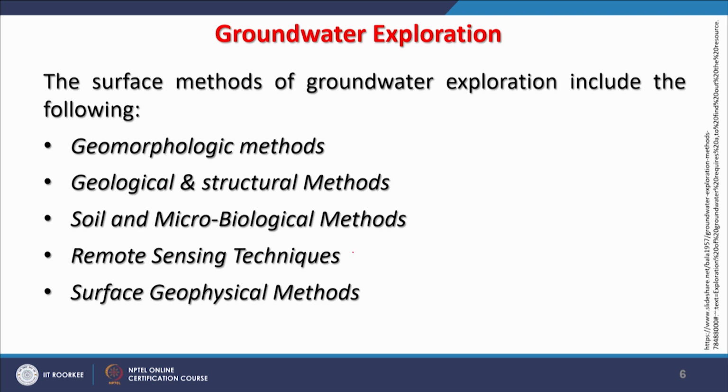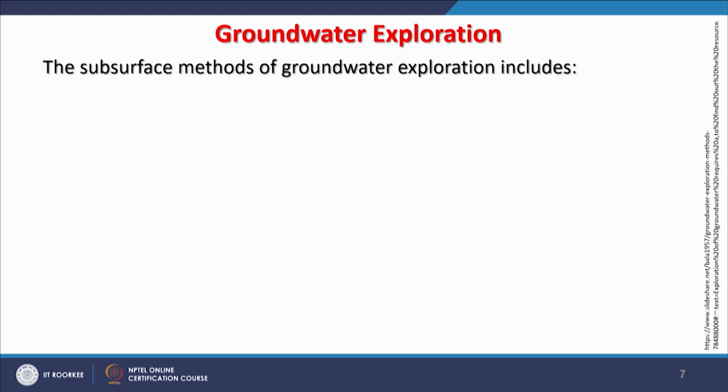So, this should definitely be employed in the initial stages of groundwater exploration, even before the field investigations. Another surface method which can be employed is the surface geophysical methods, and we will see all the details about them.